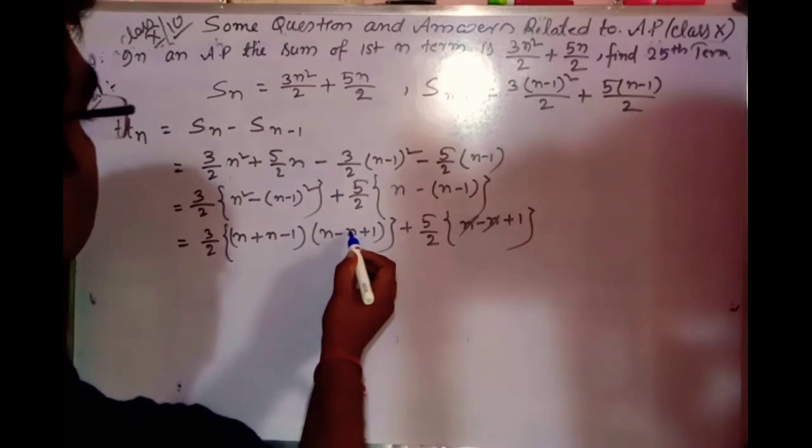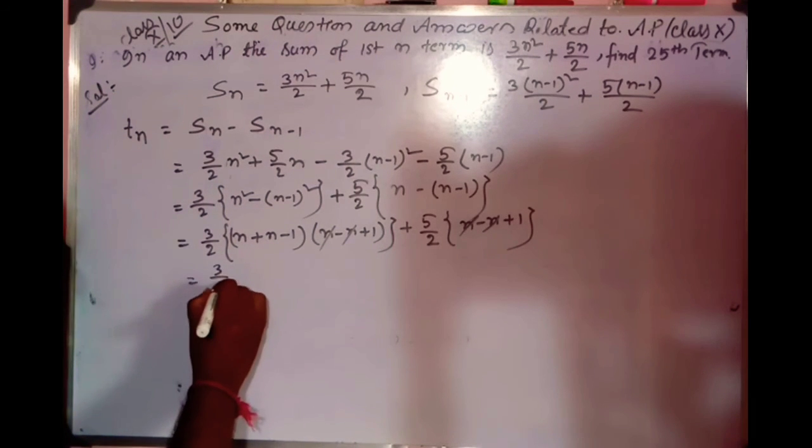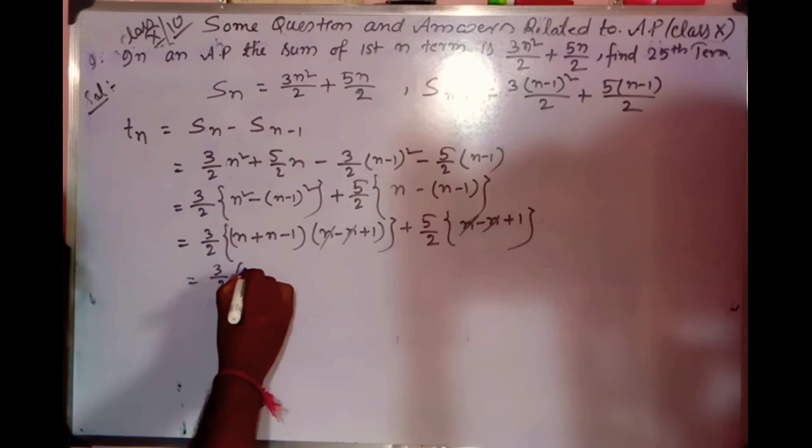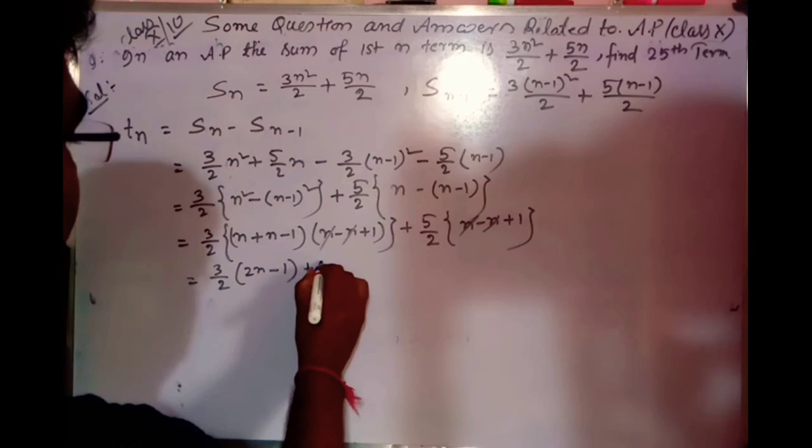This cancels, this also cancels. So Tn should be 3 by 2 into 2n minus 1 plus 5 by 2.